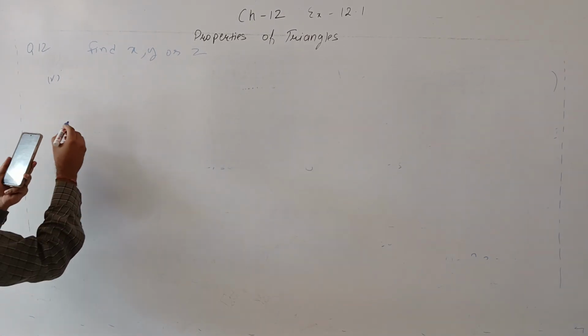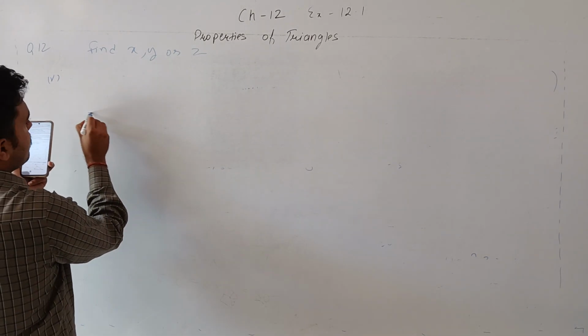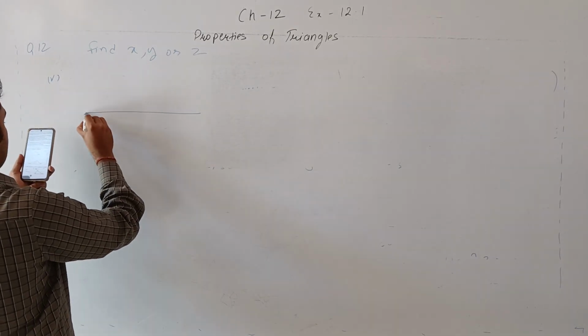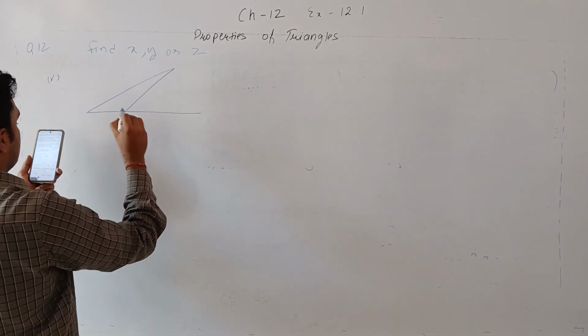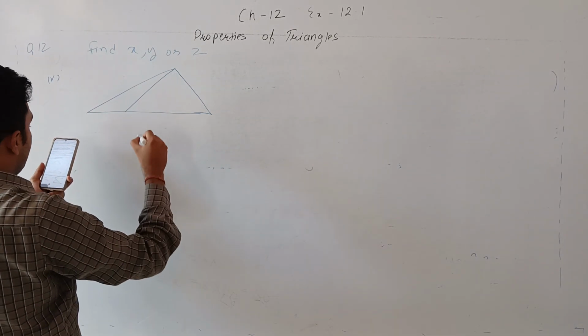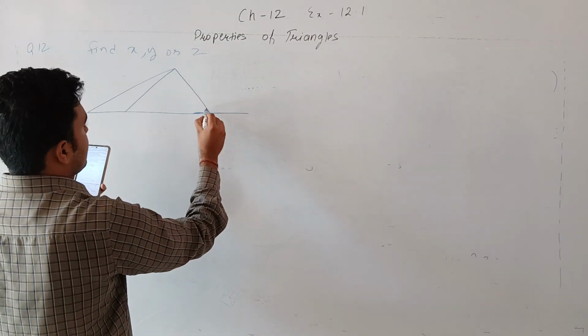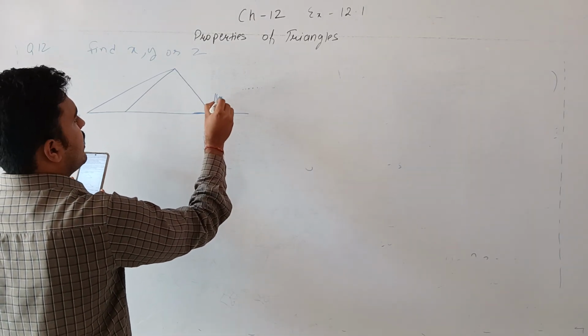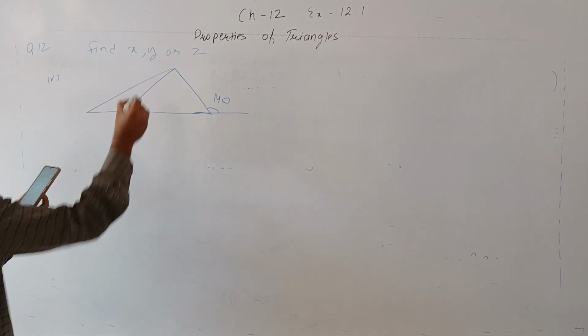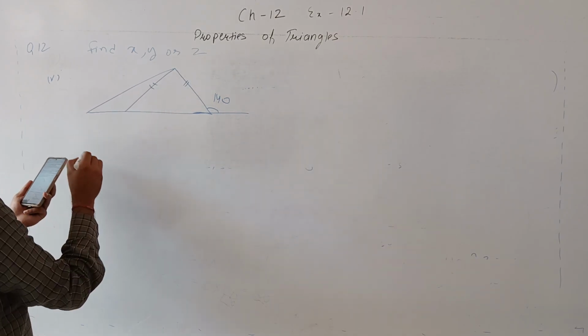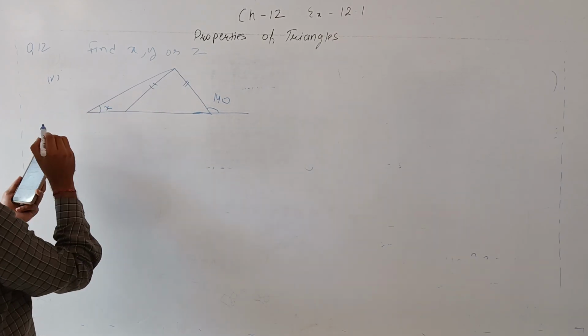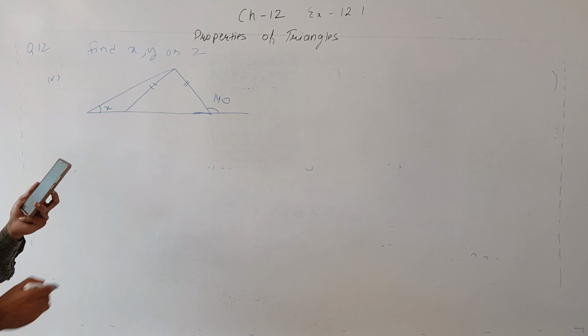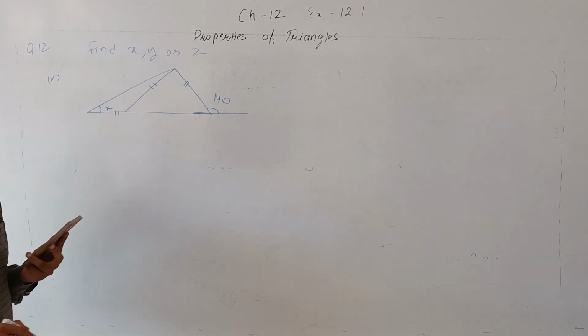So a triangle is given, and this angle is 140, and these two sides are equal, and we have to find this angle x. And this third side is also equal.